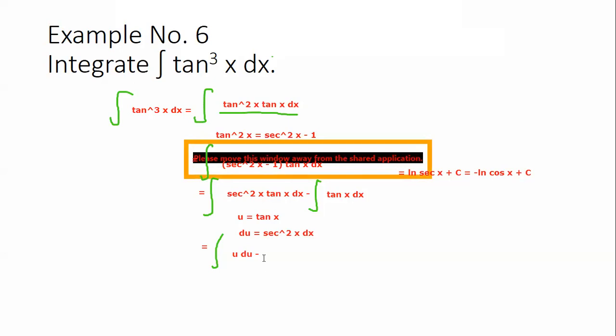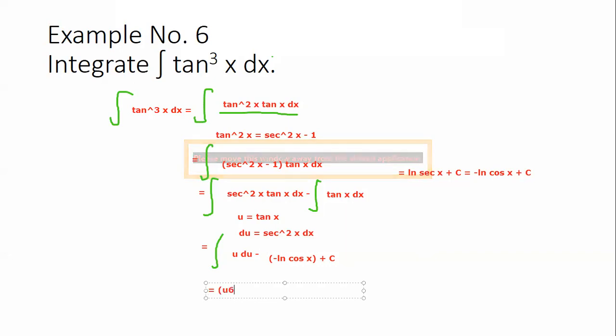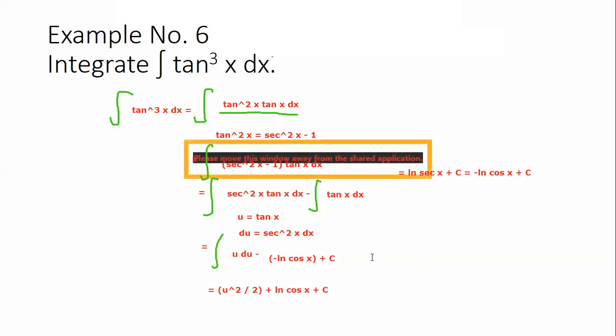So this will be u squared over 2 plus ln of cosine x. We're done integrating, so now we're going to replace the u.